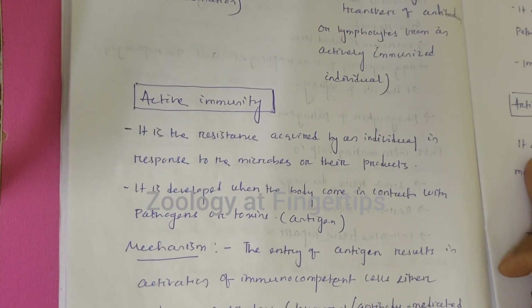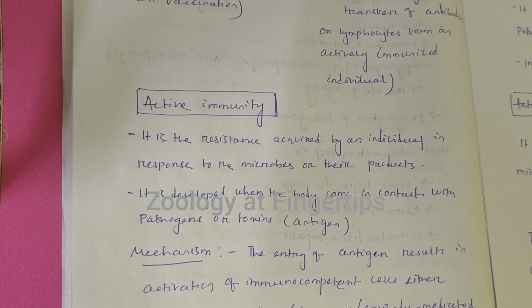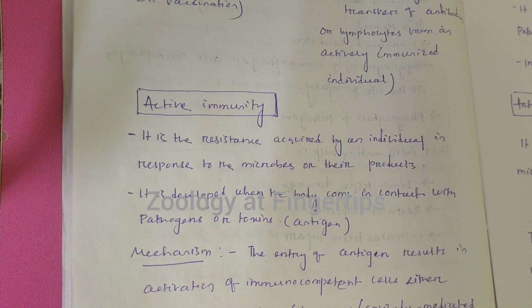Now come to what is active adaptive immunity. Active adaptive immunity is the resistance acquired by an individual in response to pathogens or their product during the course of life. It is acquired after birth. It is not present since birth, and it is developed when the body comes in contact with a pathogen or their toxin, which is also known as antigen.